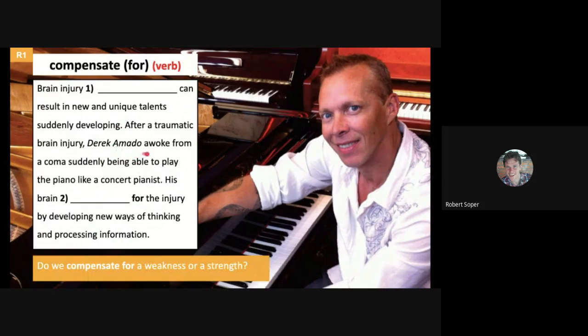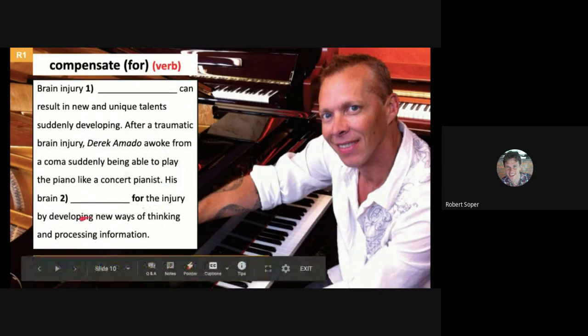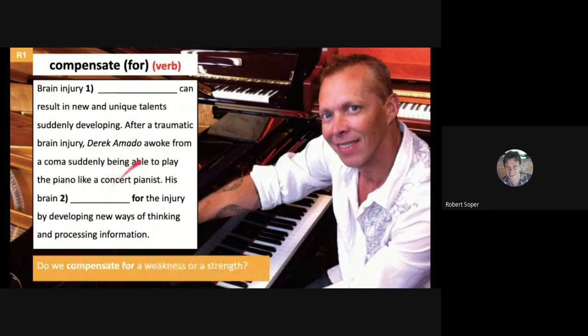Notice that Derek Amado awoke from a coma, suddenly being able to play the piano like a concert pianist. So this was something that he did in the past, okay? And it's showing that his brain compensated for the injury by developing new ways of thinking and processing information. Again, this verb is following that past structure, okay?